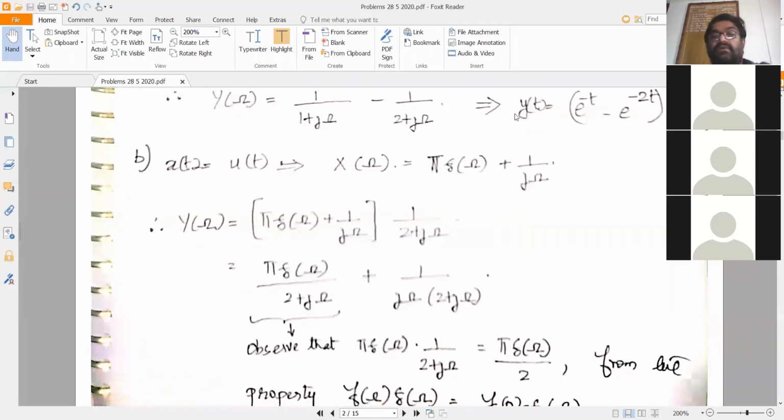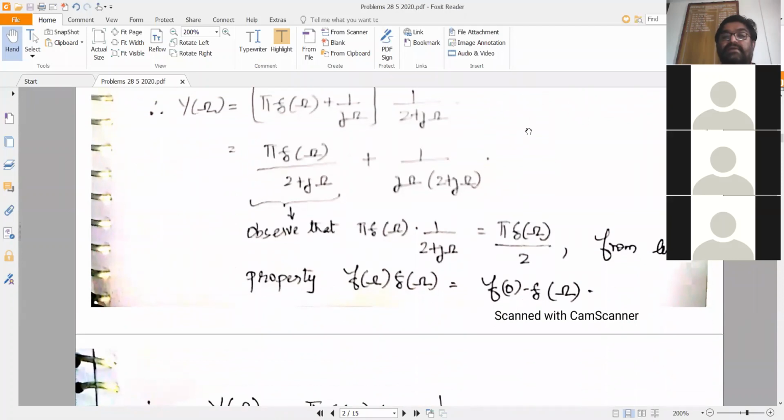So the solution using Laplace transform would be: x of s would have been just 1 by s, and the system function would have been 1 by s plus 2. So y of s would have been 1 by s plus 2 into s. So you only needed to partial factorize that. So the problem would have been much easier if you had attempted to solve using Laplace transform.